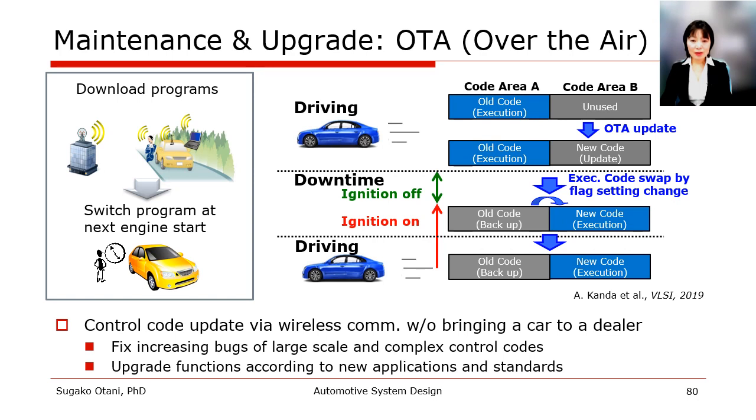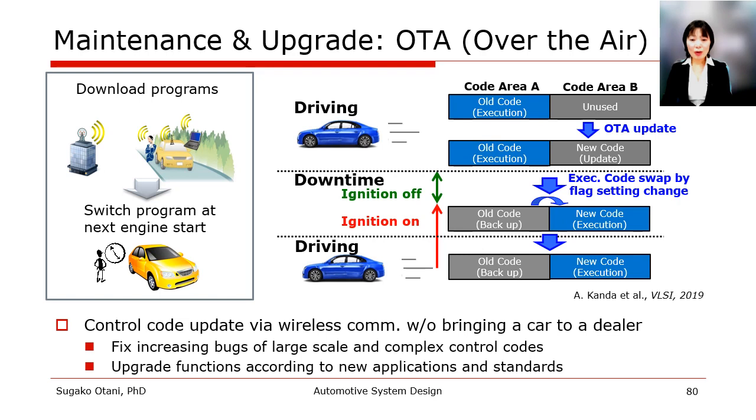This figure shows an example of OTA operations. Two code areas are provided in one embedded flash memory in the MCU. Code area A stores execution code before the OTA update, and area B is unused.